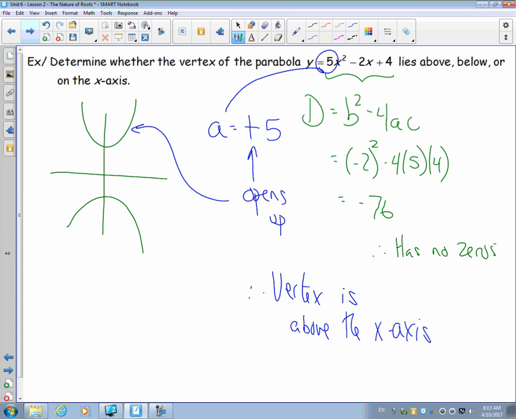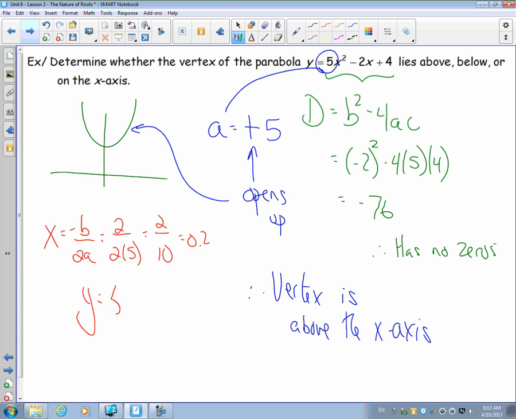Now, that's one way of doing it. I also could have calculated the vertex if I wanted to. We know to find a vertex in standard form, I can use negative b over 2a. That's one of our favorite formulas. So I could use my formula, 2 over 10 is 0.2, and calculate the actual vertex.